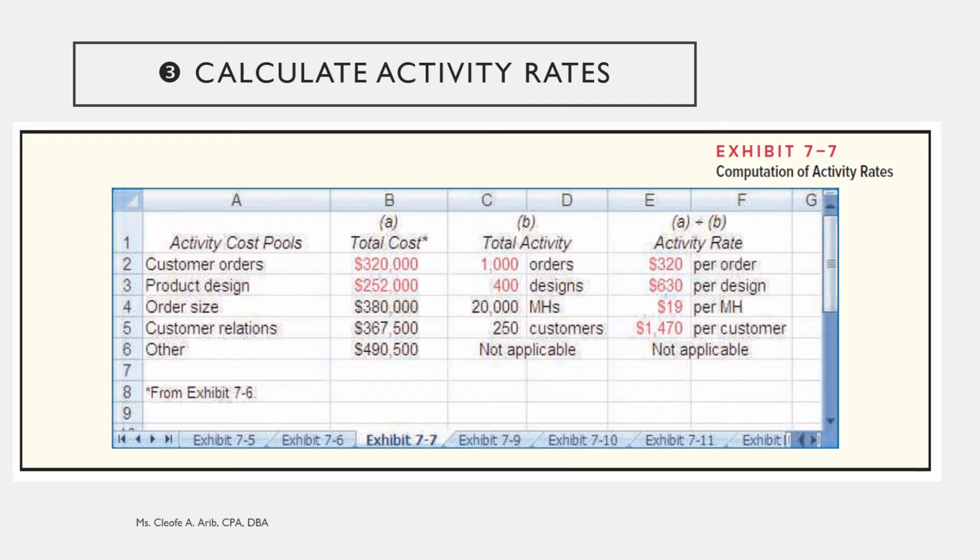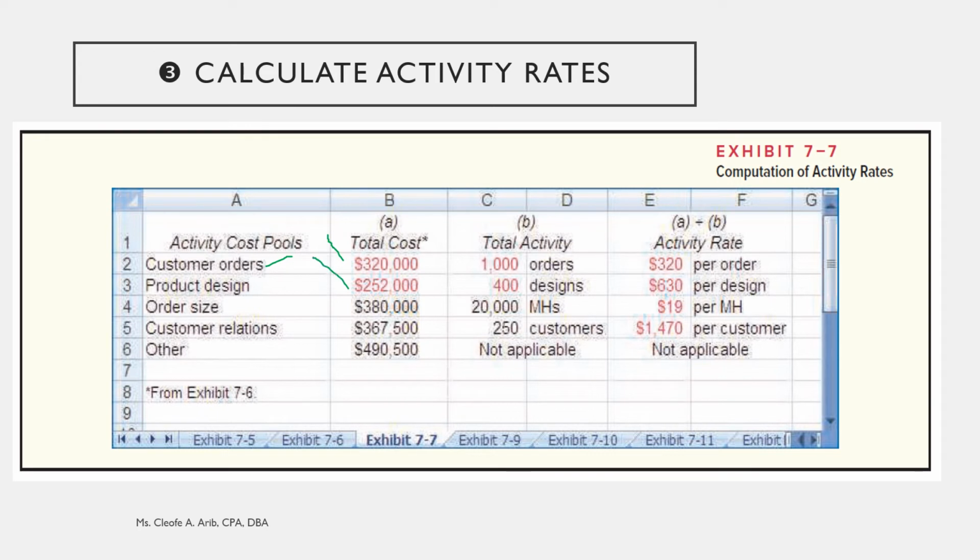The third step in the ABC application is the calculation of your activity rates. So, paano gawin yan? We have determined that we have how many activity cost pools. We have 5 customer orders down to others. And then, based on the result of 7-6 na exhibit, we have completed the first stage allocation, and based dun sa result ng first stage allocation, we determined that your customer orders, yung total cost niya amounted to 320, product design amounted to 252, and so on.